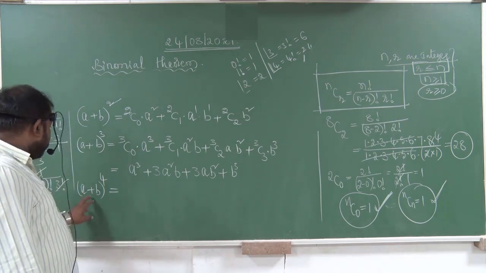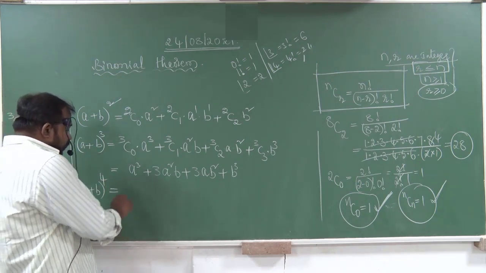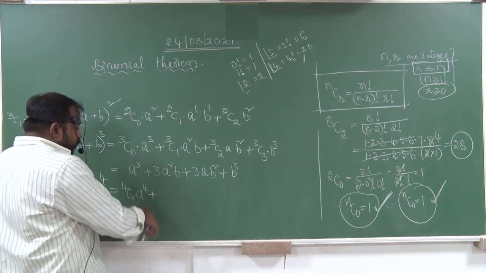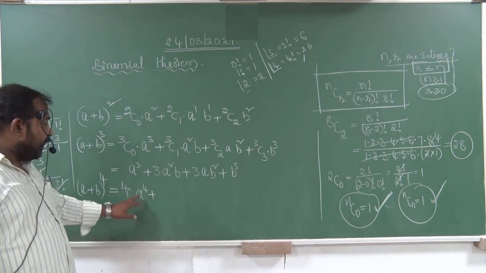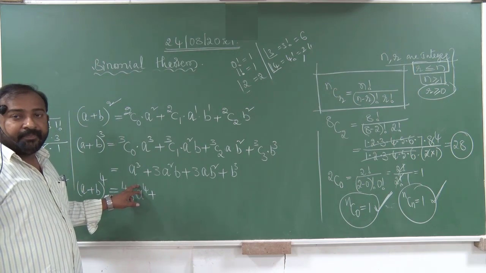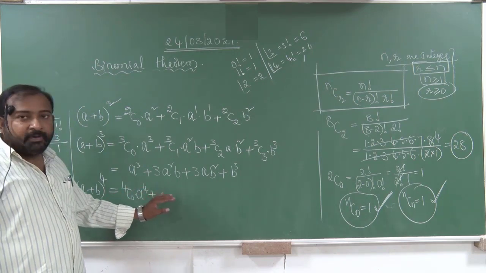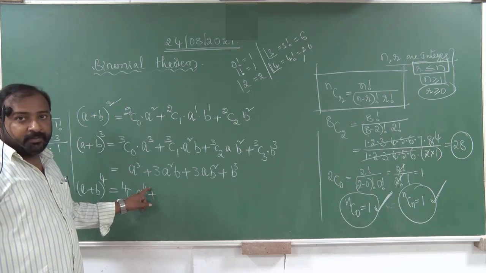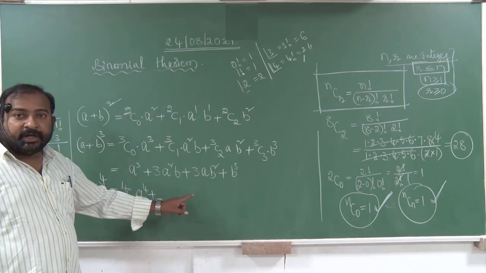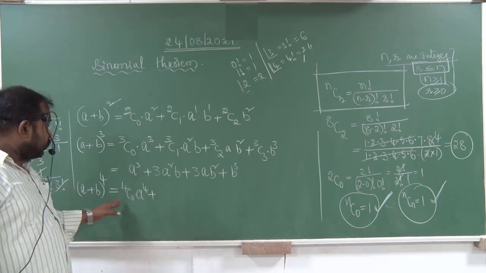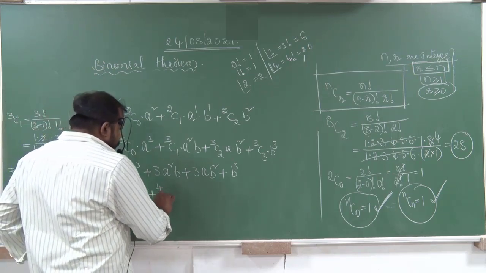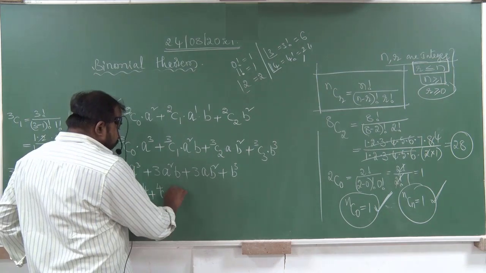Cross check one time. (a plus b) whole power 4 is equal to the first value 4C0 into a power 4, meaning you get the highest power of a. After that, the power of a decreases by 1 and b power 0 in the first term gradually increases by 1. The binomial coefficients start with 4C0. The next value is 4C1 into a cube b.